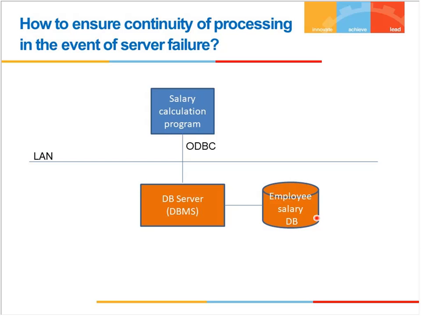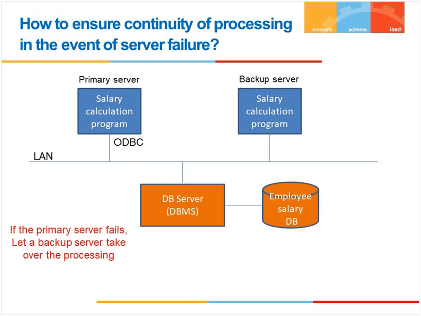Any failure of any of the components will bring the system down, right? But if you have a primary server and a backup server, then if the primary fails, we can run this program on a backup server, bringing it up, right? So that way your continuity is there.